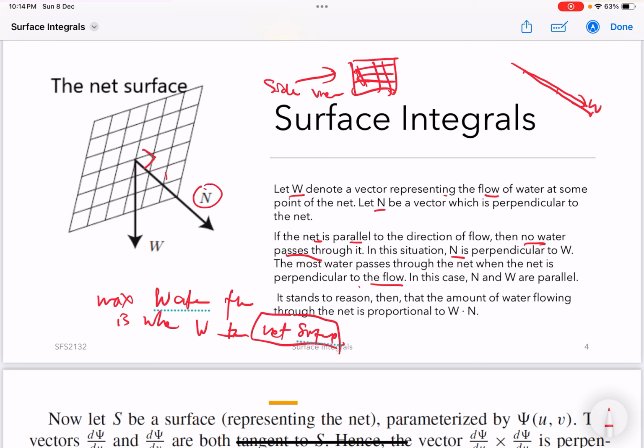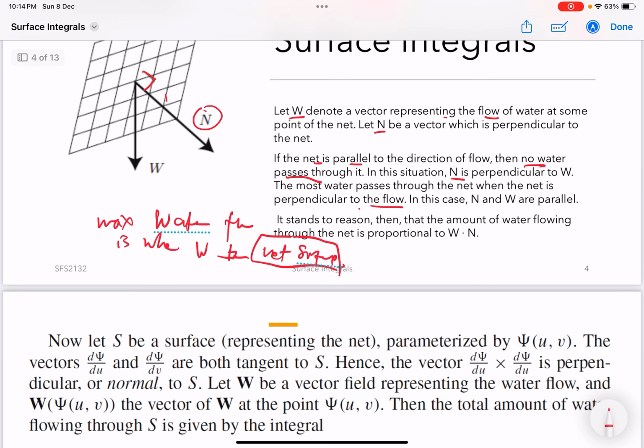It stands to reason that the amount of water flowing through the net is proportional to W dot N. The maximum total amount is W dot N, where W is in the same direction as N. It is a dot product, which gives a scalar value, the maximum amount.